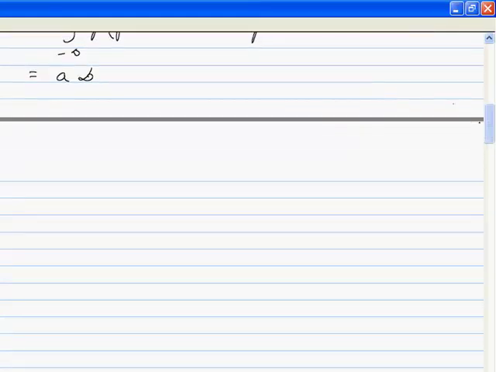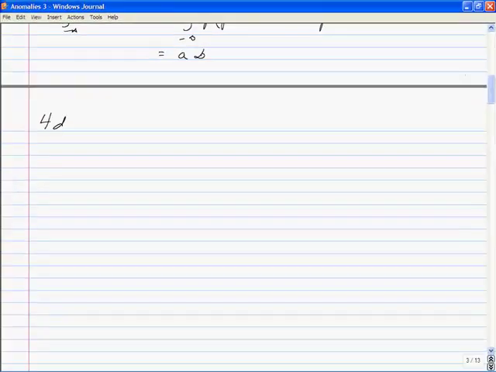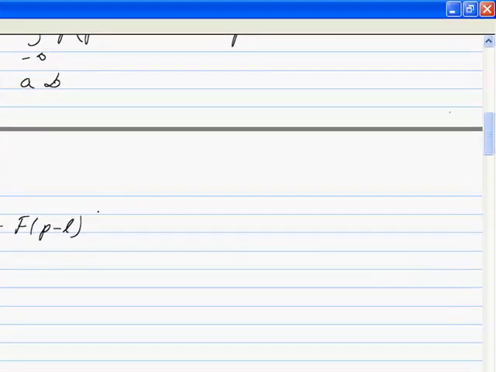Okay, but so in our case, the 4D generalization of this is I have the integral d4p of some function of p minus some function of p minus l. We do the same thing. Let's Taylor expand that.